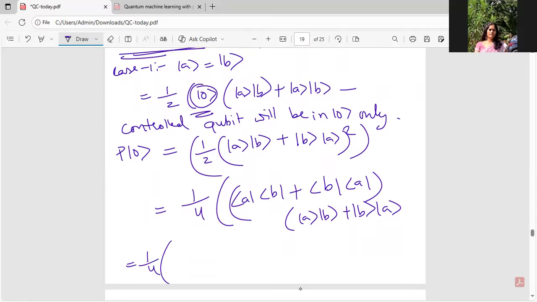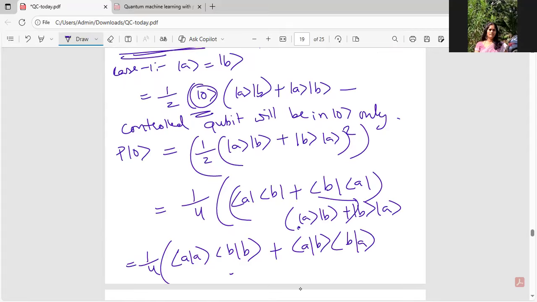Just see here. If I start multiplying, I'll have the inner product of A into the inner product of B plus the inner product of AB, the inner product of BA, right? This into this has given me this. This into this has given me this.